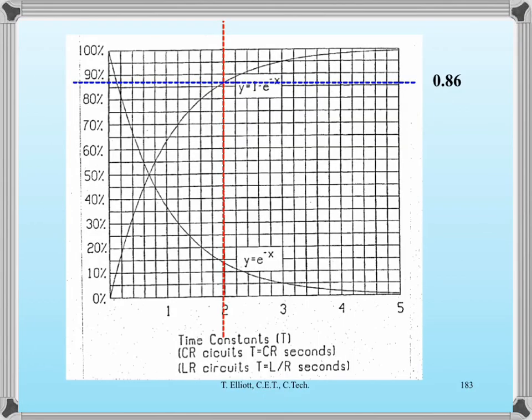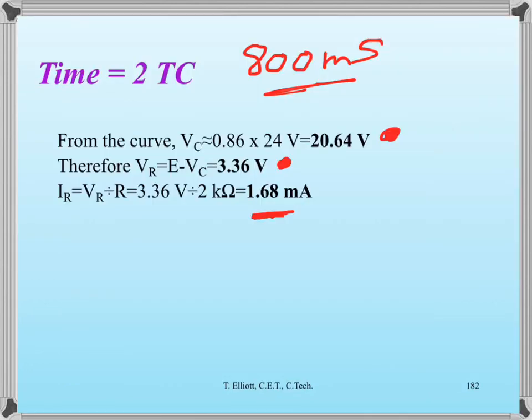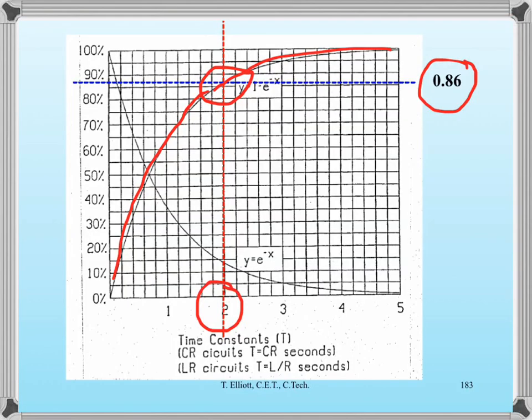So if you go here to two time constants, again this is the capacitor charging graph, go to that point right there, and that's about 86% of E. And that's where I got this number here, and then once you have the capacitor voltage, you simply subtract to get the resistor voltage. All right.